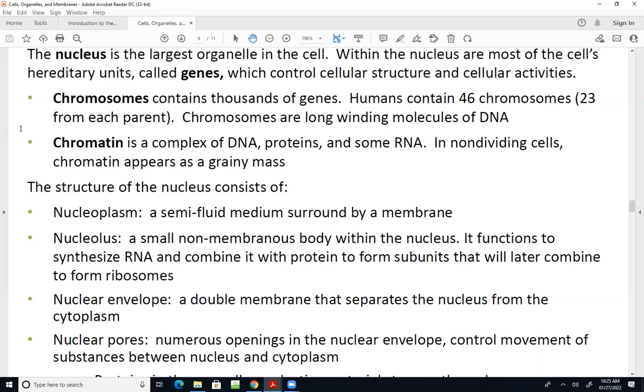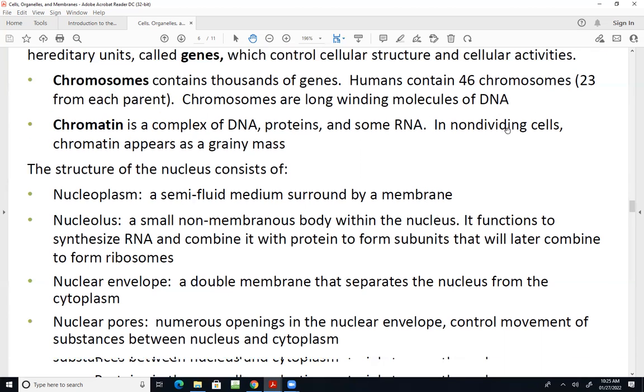When the sperm from dad and the egg from mom unite, 23 chromosomes are carried in the sperm, 23 are carried in the egg, and 23 plus 23 come together and form 46. 46 chromosomes are found in that original zygote cell. A chromosome is a long, winding molecule of DNA.